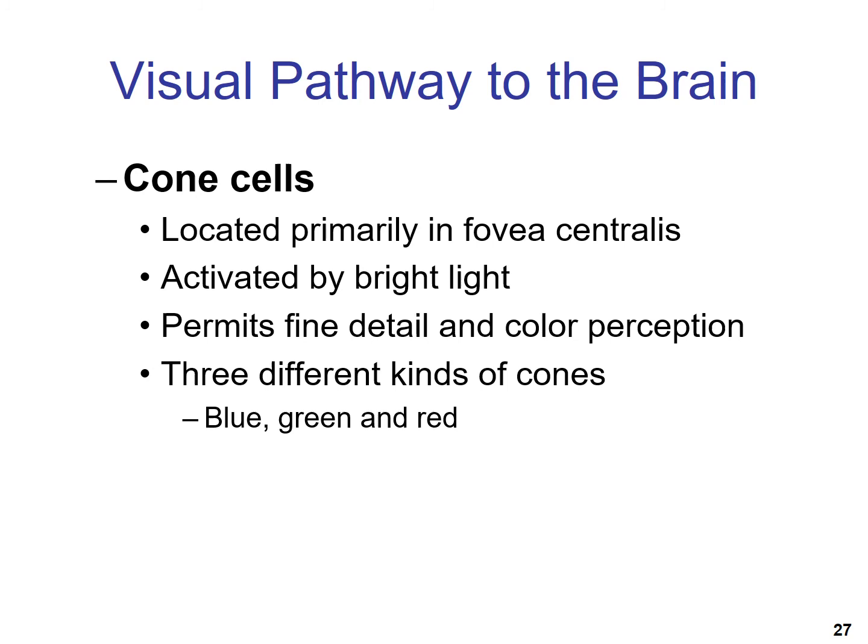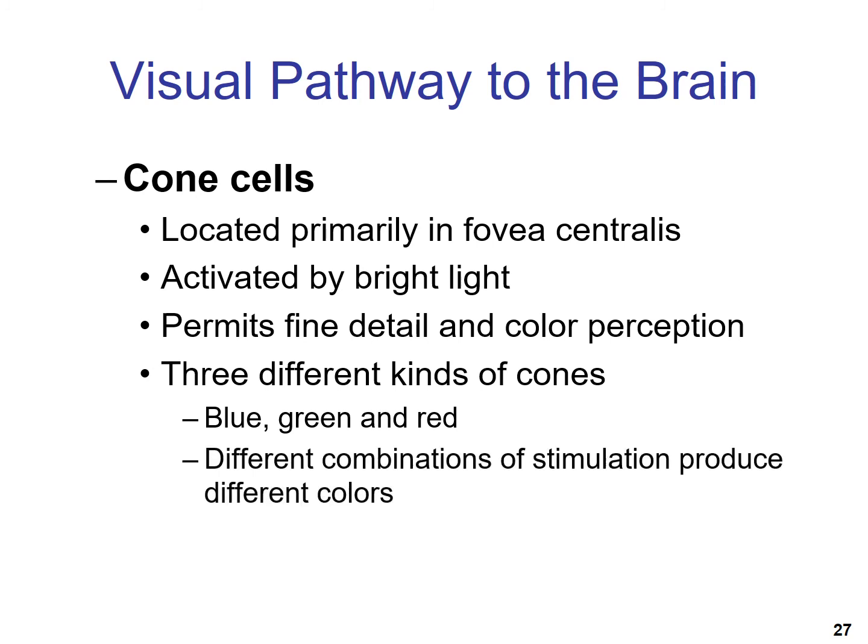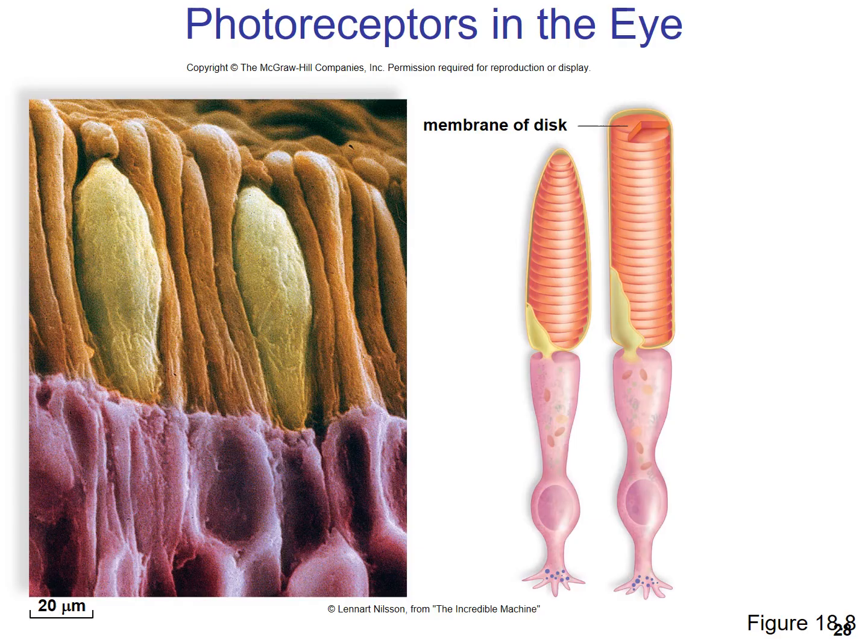And so a lot of our technology for viewing monitors and TVs and movies, they kind of mix blue, green, and red wavelengths, and as you alter the proportions of blue versus green versus red, then you're going to start seeing different shades of different colors. Okay, so again, different combinations of stimulation, different colors.